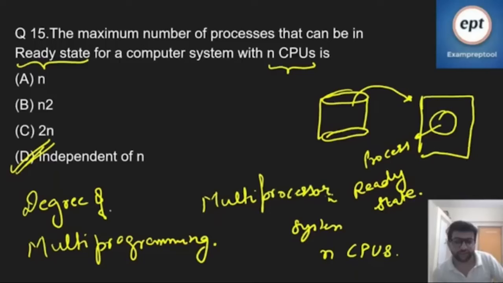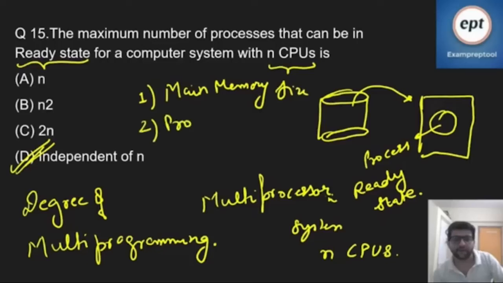And what is the degree of multi-programming? It is the maximum number of processes that can be in the main memory or in the ready state, and it only depends on number one, the main memory size, and number two, the process size.